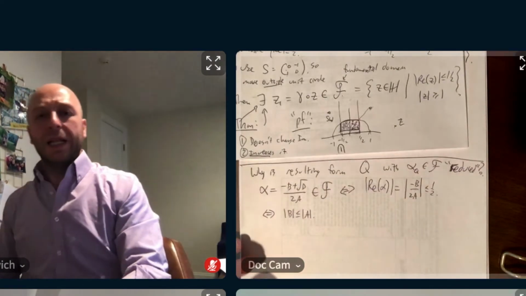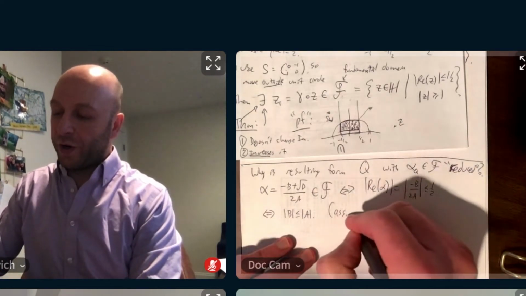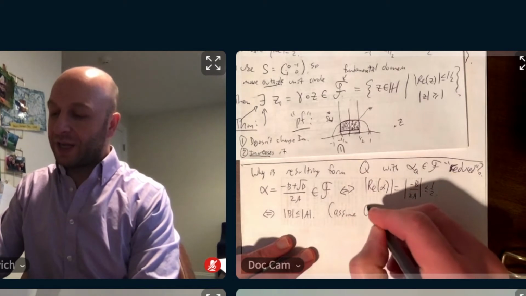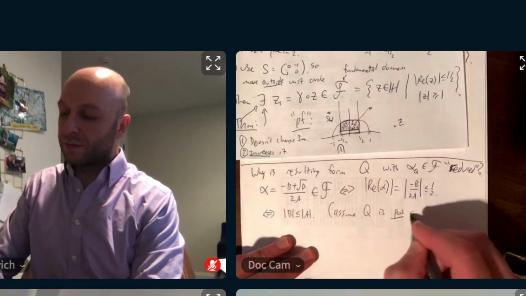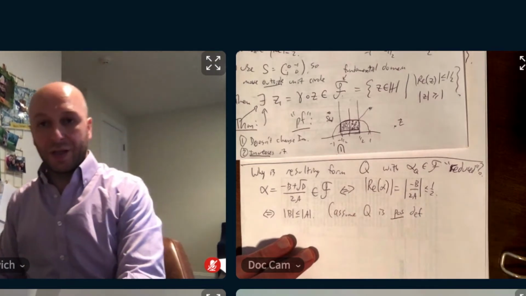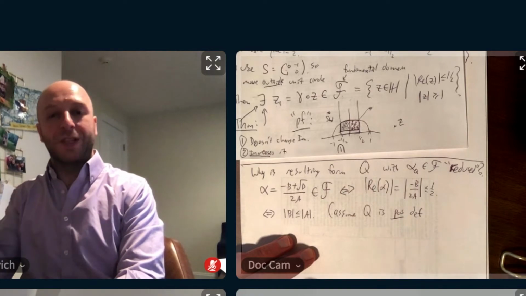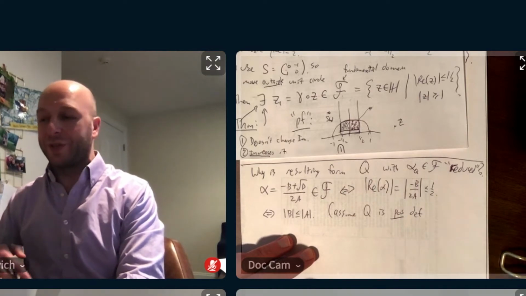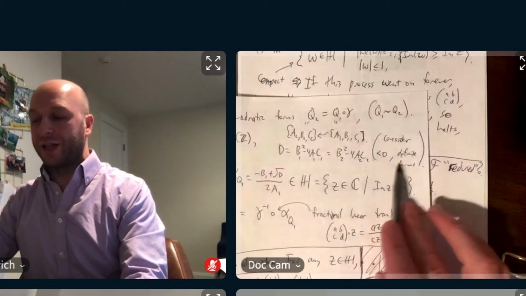Okay? Let's say the form is positive definite. So assume we know that Q is definite. Definite means it only takes one sign. It only takes positive numbers or it only takes negative numbers. And that's a consequence of this discriminant being negative. So we already are looking at definite forms.